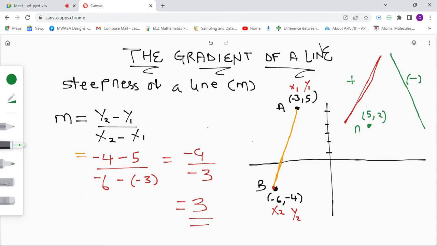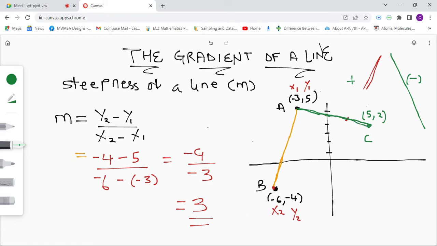Let's call it point C. Let's connect point A and C. My line is a bit bent, but we can see that this line has a negative slope. It is sloping downwards.